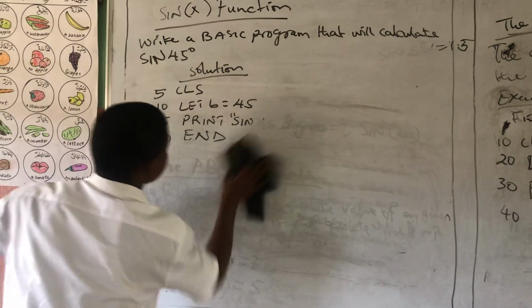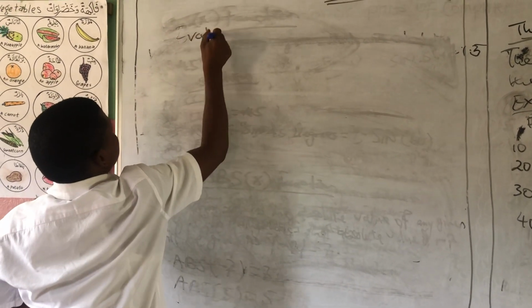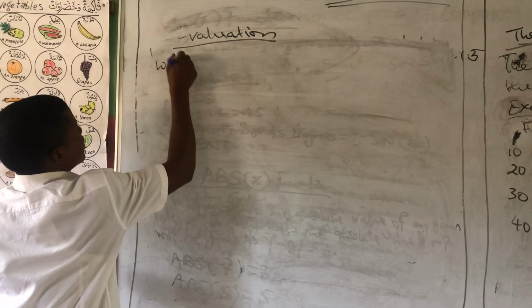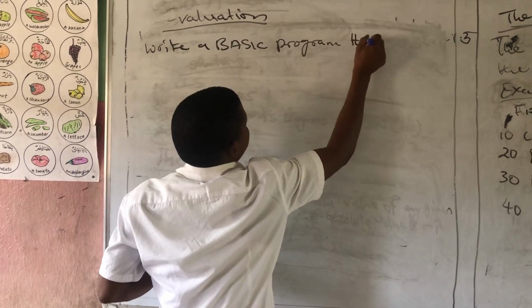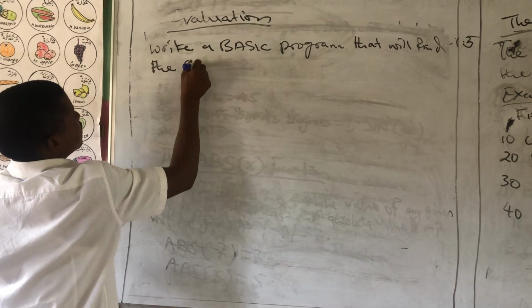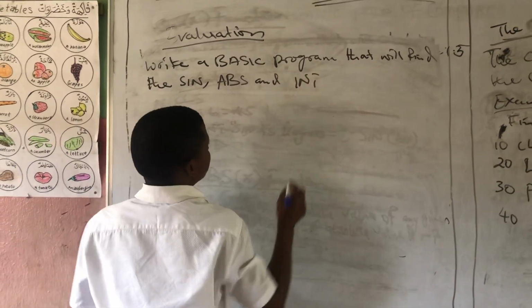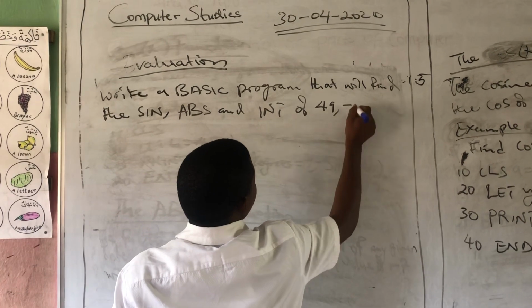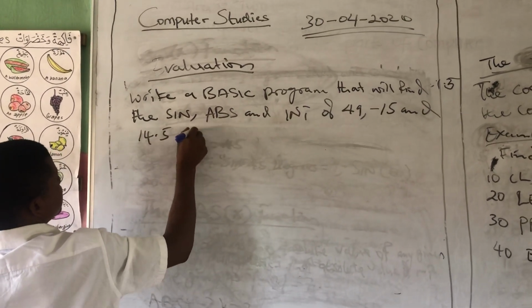Evaluation: write a basic program to find the sine, the absolute value, ABS, and integer functions of 49, minus 15 and 14.5 respectively.